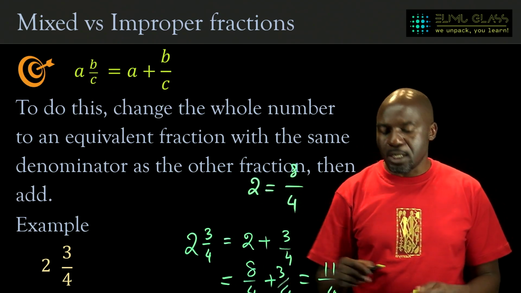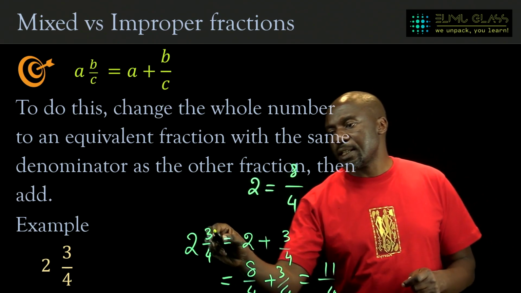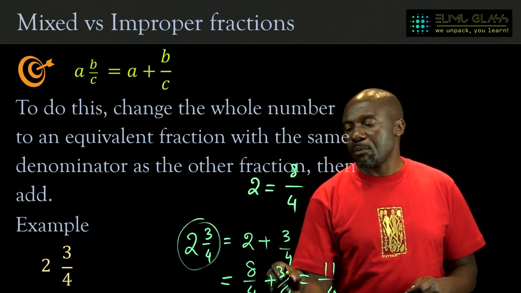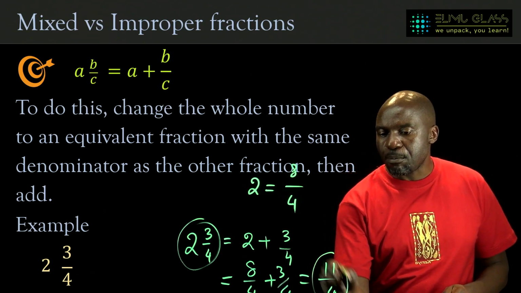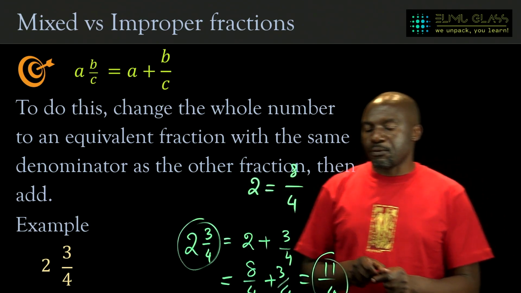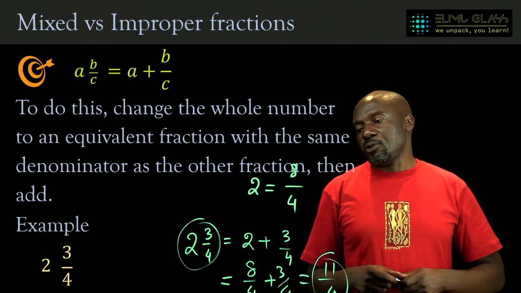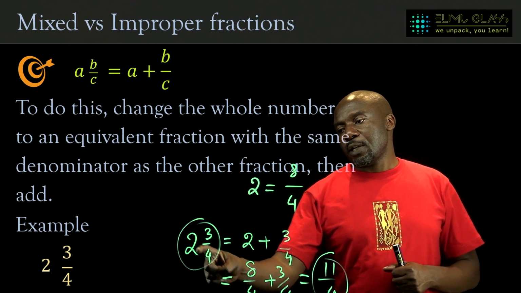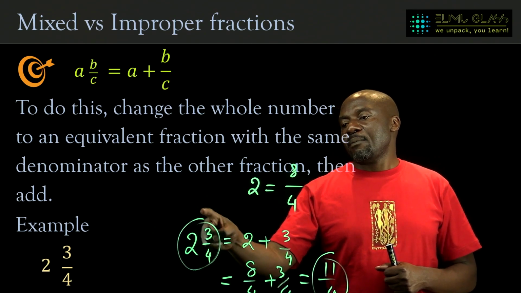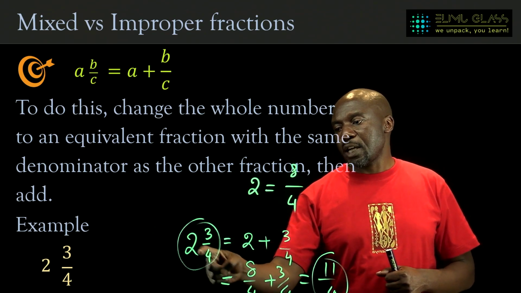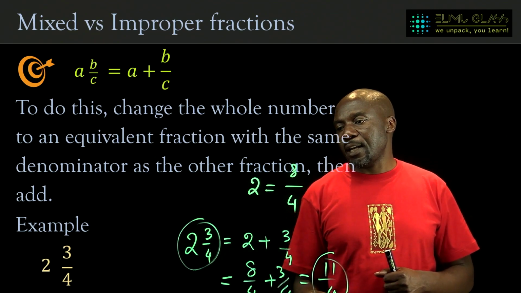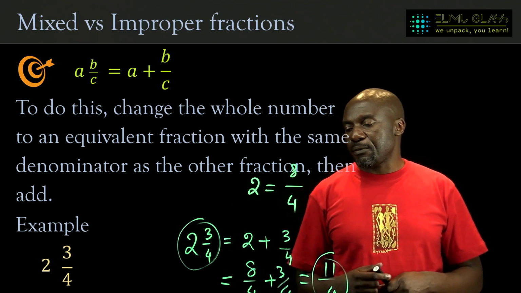So now it becomes easy to add them. So I've converted my mixed number or mixed fraction into an improper fraction. This is how you convert from a mixed fraction to an improper fraction. Of course, a faster way is to just say 4 times 2, then plus 3. So 4 times 2 is 8, plus 3 is 11. Whatever you get, you divide by 4. Okay?